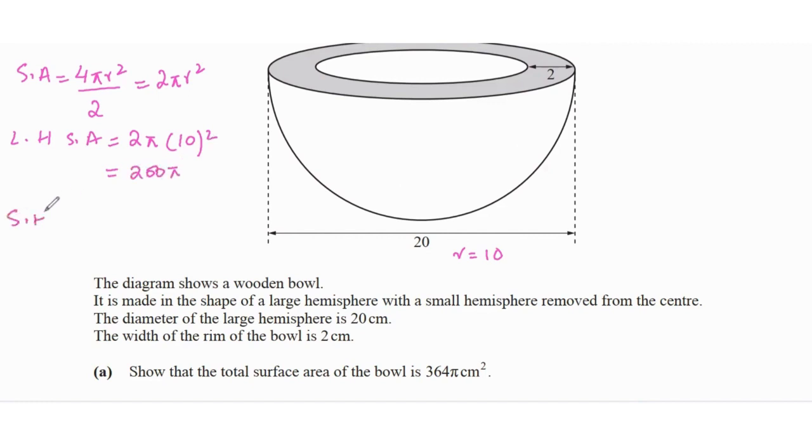Then for the small hemisphere, we know this total is 10. This is 2, so the radius is going to be 8 for the small hemisphere. So that's going to be 2 pi times 8 squared, which is 64 times 2, which is 128 pi.